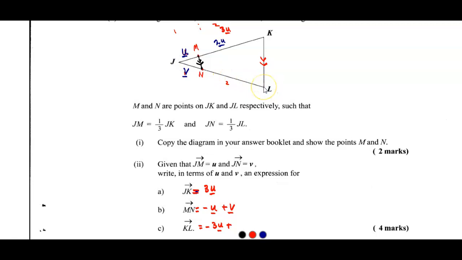The full length there would be 3v, because if that's 2v here, MNL, it means that the full length there would be 3v. Okay, so it means that KL would be minus 3u plus 3v.